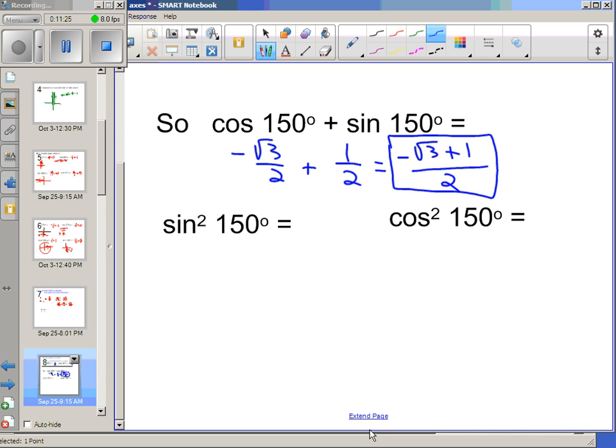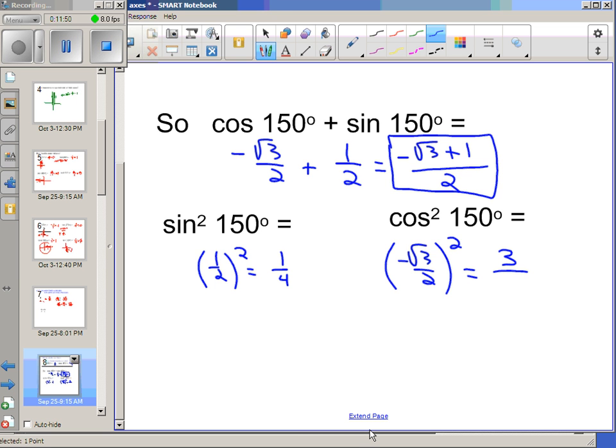Let's try sine squared of 150. So sine of 150 is 1/2, and when I square that, I get 1/4. Cosine of 150 is negative root 3 over 2. When I square that, remember I'm squaring my negative as well. Negative root 3 times negative root 3 is going to give me 3.